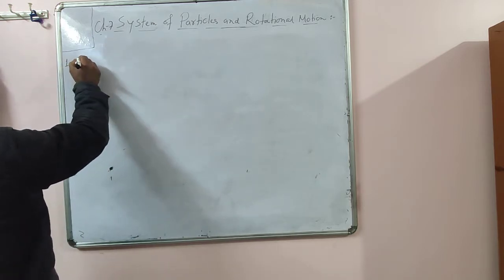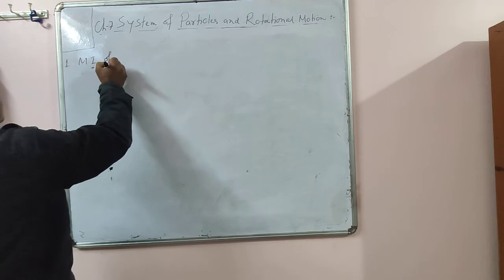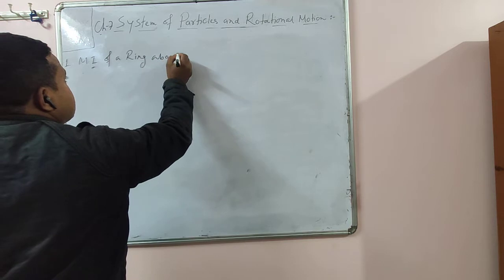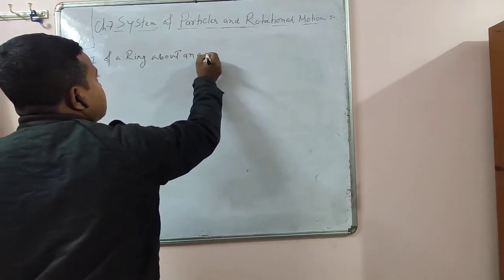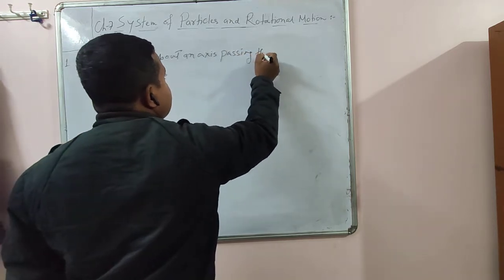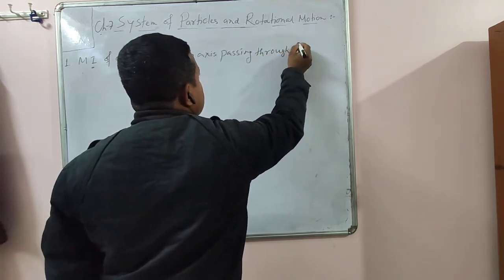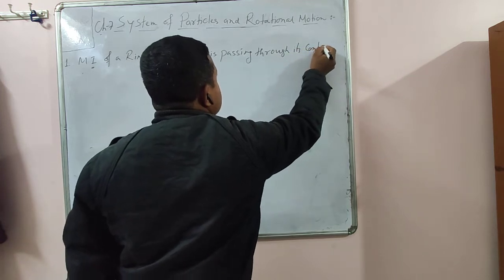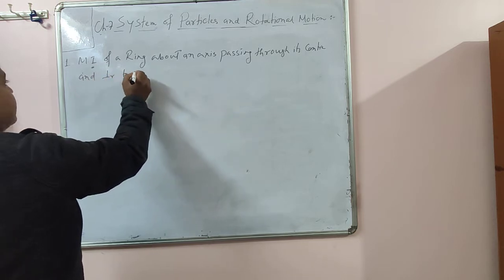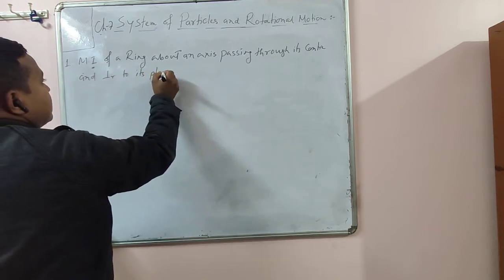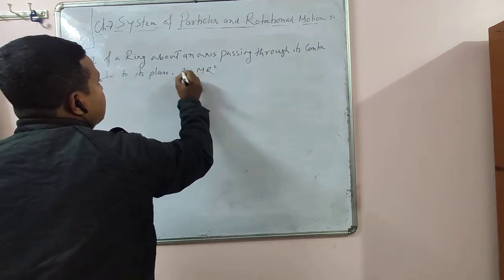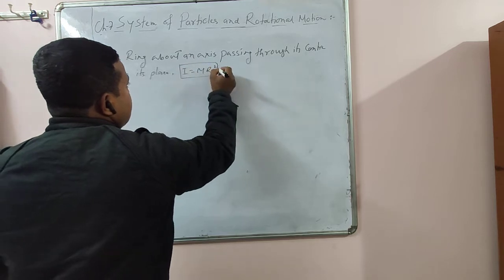First of all, the moment of inertia of a ring about an axis passing through its center and perpendicular to its plane, that is I equals mr square. Derivation is not required for us. You have to remember the values.